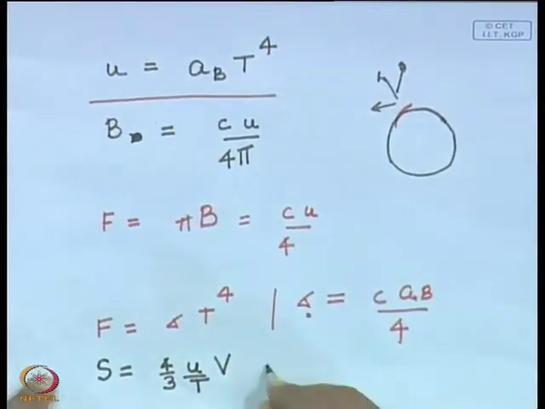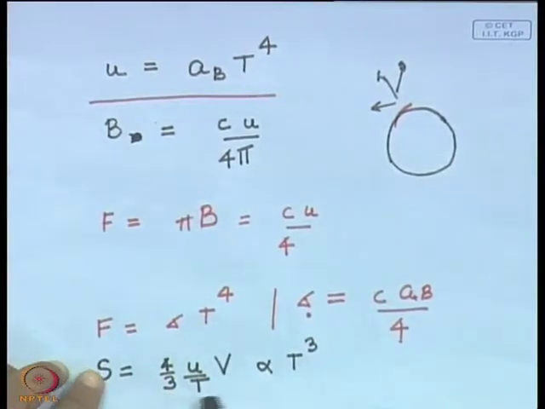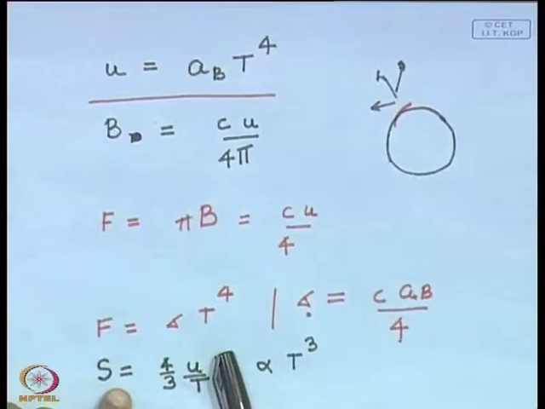So, this is proportional to T cube, right, because it is the energy density by the temperature. So, the entropy goes as T cube and the energy density goes as T4, and the constant for the entropy is this, or if you want the entropy density, then you can just ignore the volume.